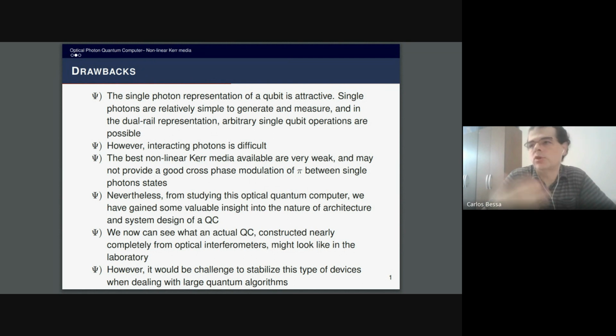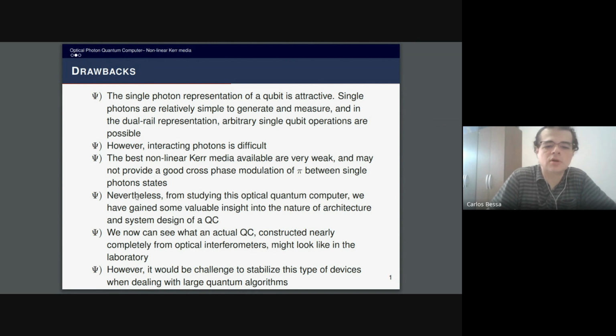And the problem is that the other photons would just be absorbed by the material and could not interact with one another. So this is a big problem for the optical models, the photonic models in general: the interaction of the photons is not easy.